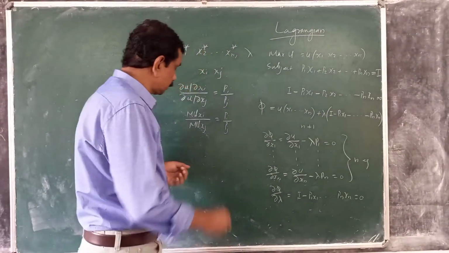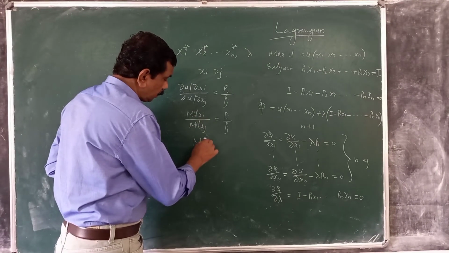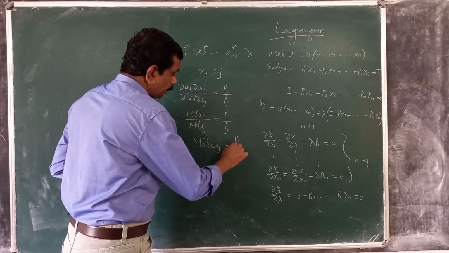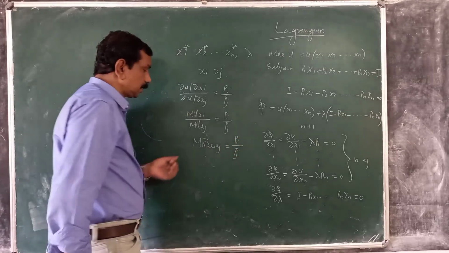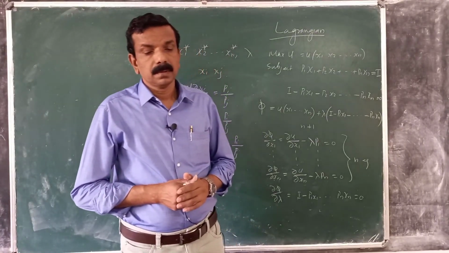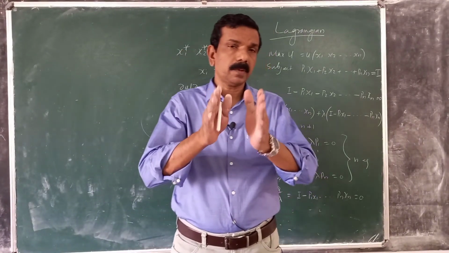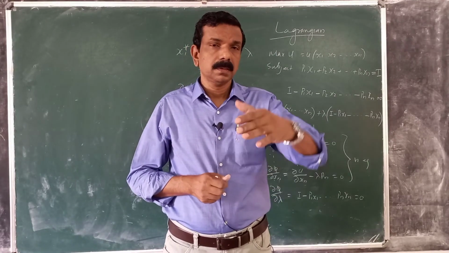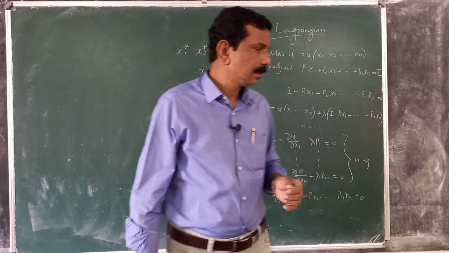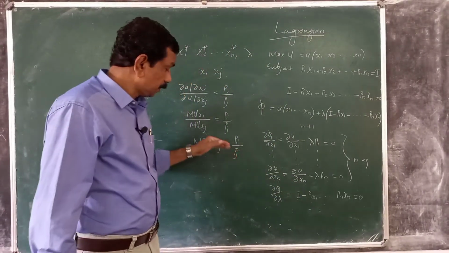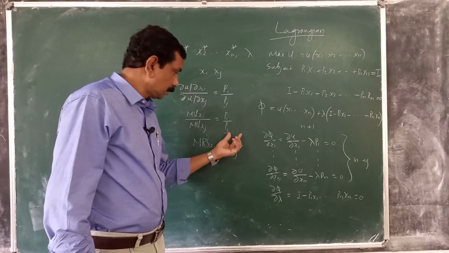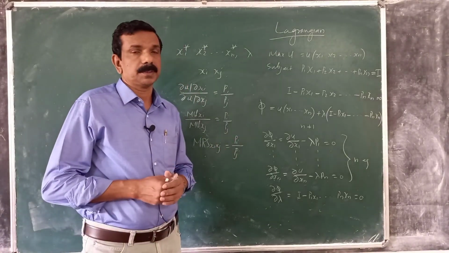And as this is equal to MRS xi xj, this can be written as MRS xi xj is equal to Pi by Pj. And this is what we have discussed graphically. That is, equilibrium occurs when the subjective rate of substitution is equal to the market rate of substitution.